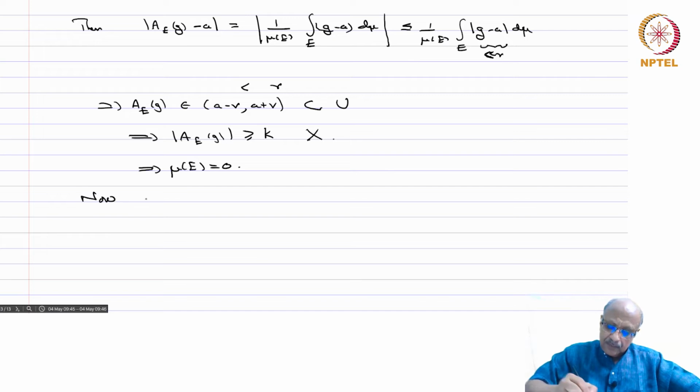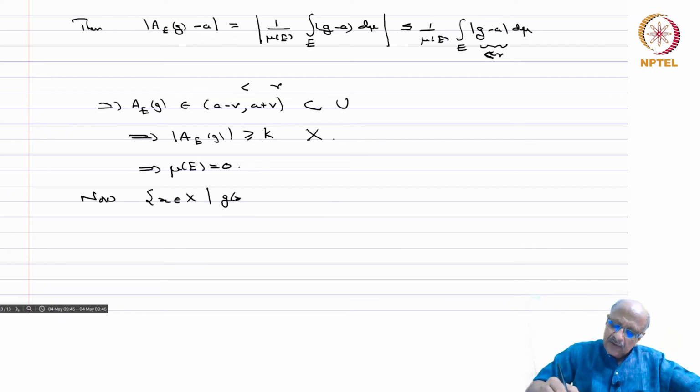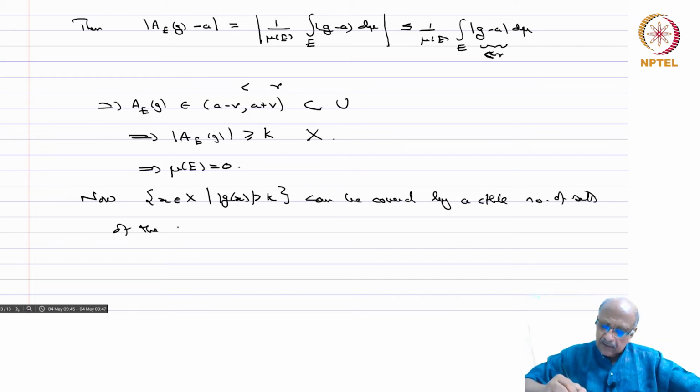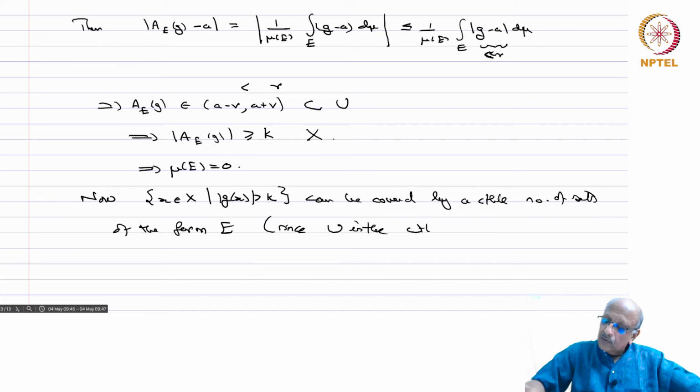Now the set of all x in X such that mod G x is greater than K can be covered by a countable number of sets of the form E, since U is a countable union of intervals.